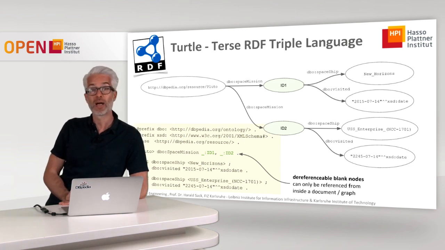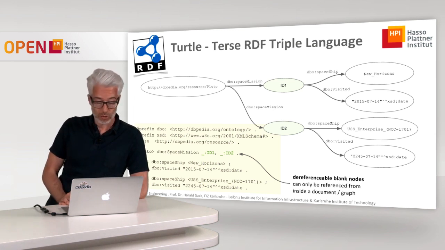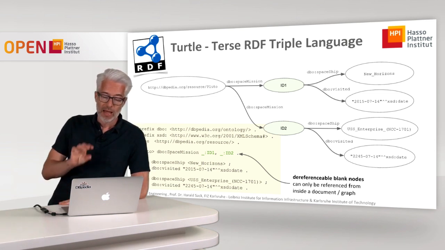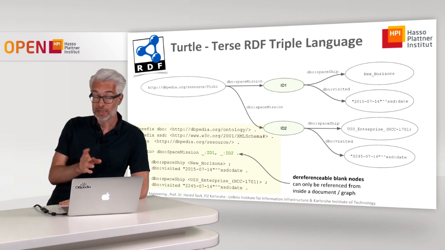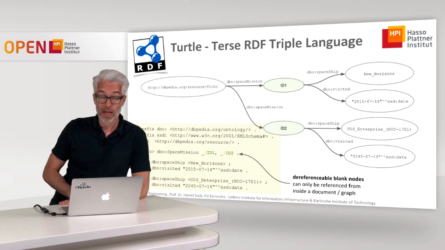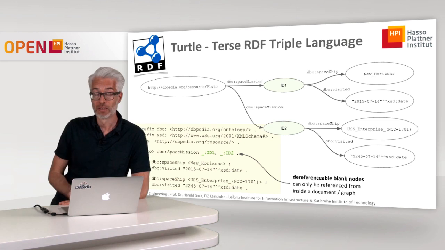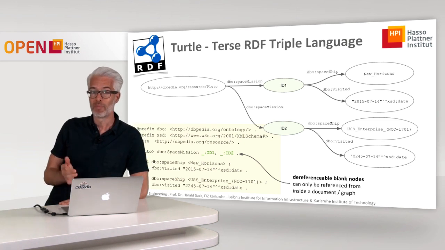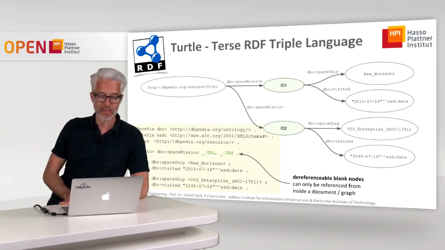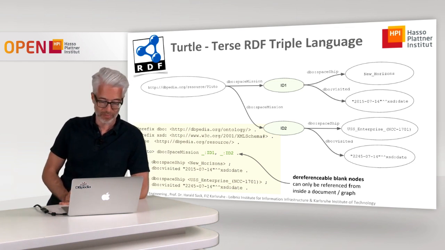So let's have a look here at the Turtle document we have here. Of course, then we do not have to use square brackets. What we can do here is we can use the two IDs, and the referenceable blank nodes, these IDs, are denoted in Turtle by a leading underscore. We have the underscore, which denotes the namespace of these blank nodes. Then you have a colon, and then you have the ID of exactly that blank node.